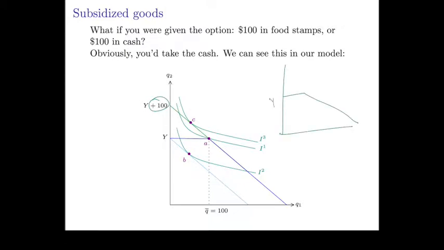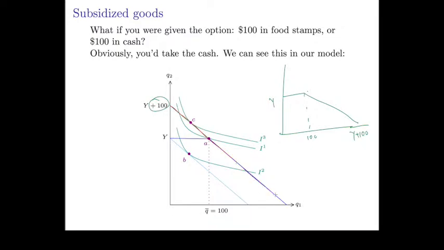So Y, Y plus 100. Originally, when you had the $100 of subsidy, your budget line looked like this. But if I give you $100 in cash, those $100 you can spend on other stuff too. So your budget line looks like this.